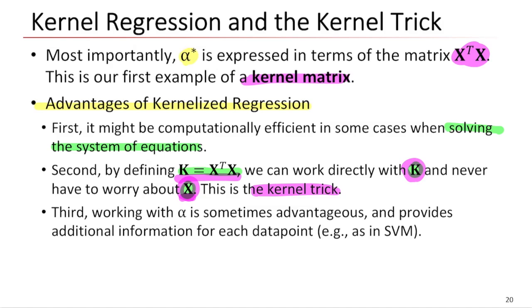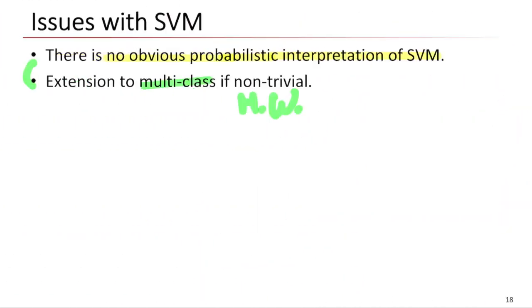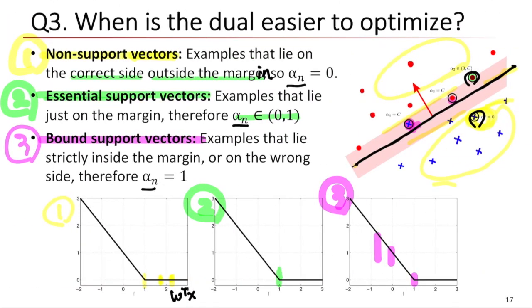The last advantage is that working with alpha is sometimes advantageous. It provides additional information for each data point, or each training sample. For example, as in the SVM, let's go back to here.